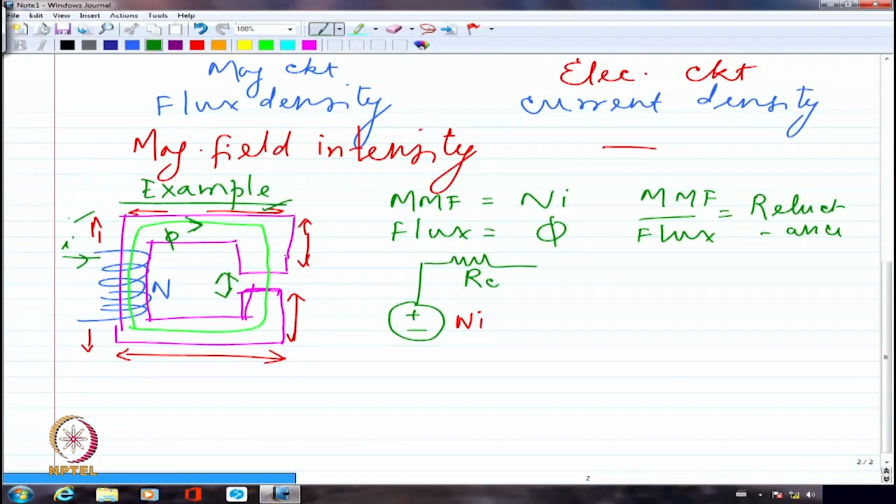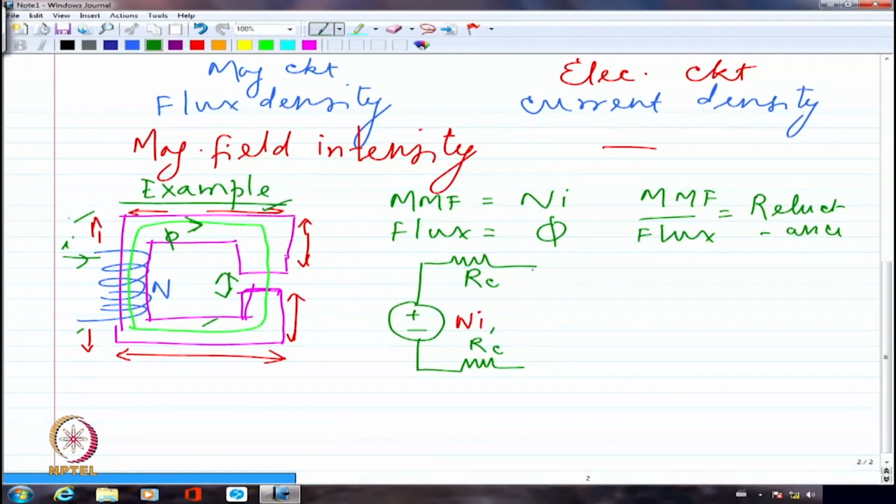Similarly, I'm going to have the reluctance corresponding to this portion as well as this portion, which I'm going to write as another RC, maybe dash, if the dimensions are slightly different. So I'm writing that as RC dash.